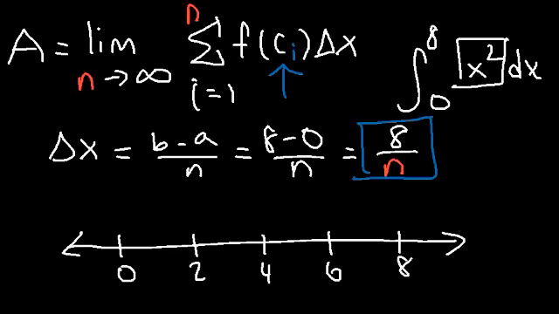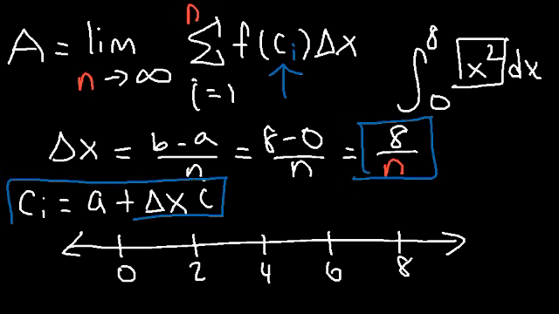Now ci, you can define it based on the left endpoint or the right endpoint. ci is basically equal to a plus delta x times i. We know delta x is 2 in this example where n is 4. When n is 4, we have 0, 2, 4, 6, and 8. So the width of each rectangle is 2. a is the first number. a is 0.